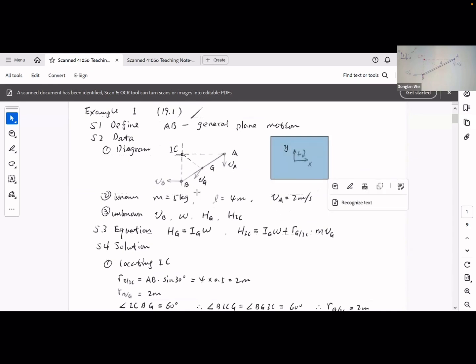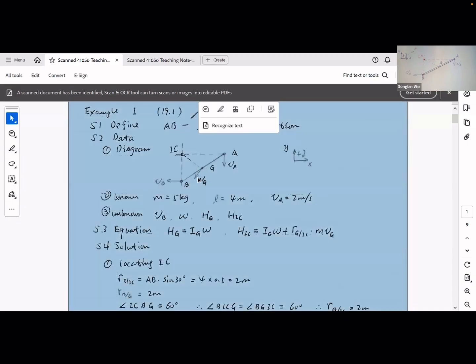VG must be perpendicular to the line connecting IC and G. It should be a right angle. So that's why you have that direction of VG.